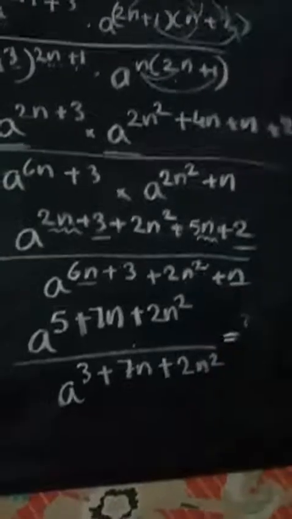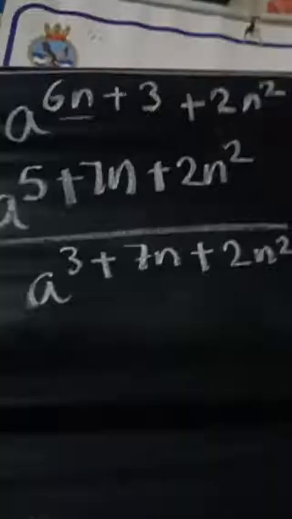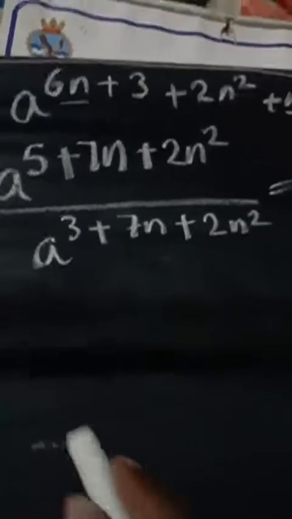Which is equal to, this is in the form a raised to m by a raised to n. What is a raised to m by a raised to n? A raised to m minus n.